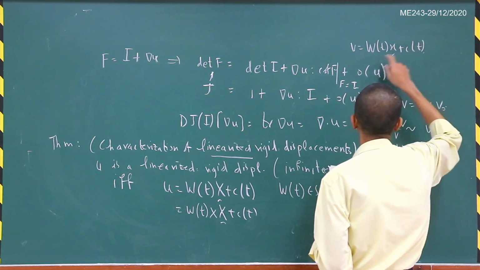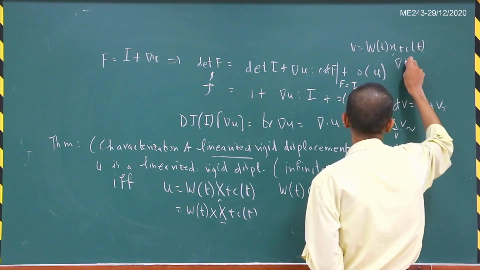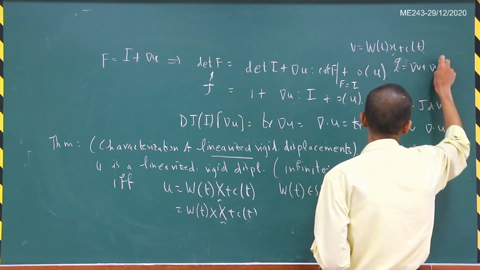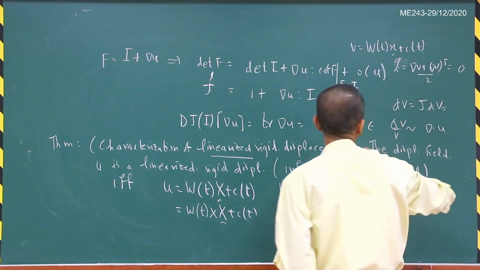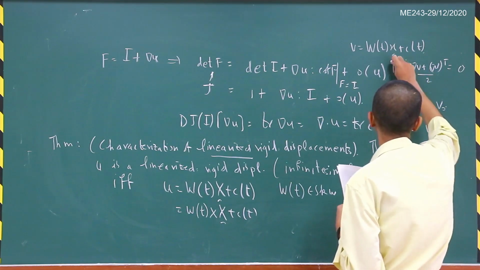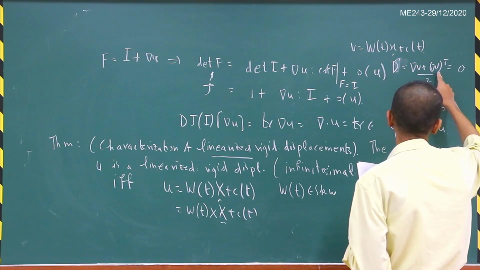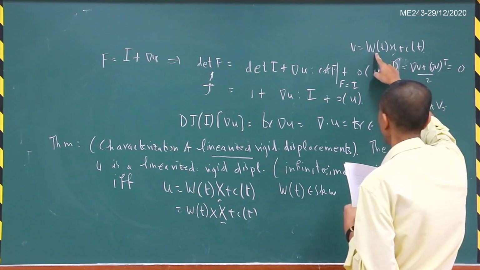And then we showed that del V plus del V transpose, so D in this case, I'm sorry about that, this is the rate of deformation tensor. So that is just del V plus del V transpose by 2 is equal to 0, because del V will be equal to W of T.